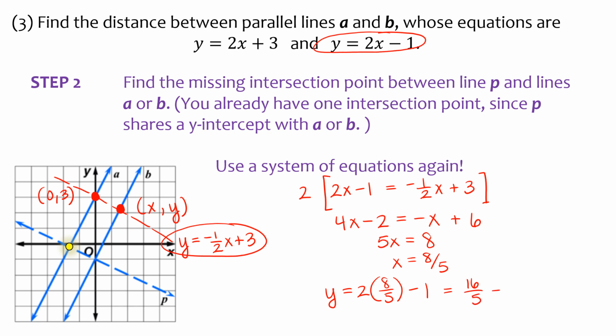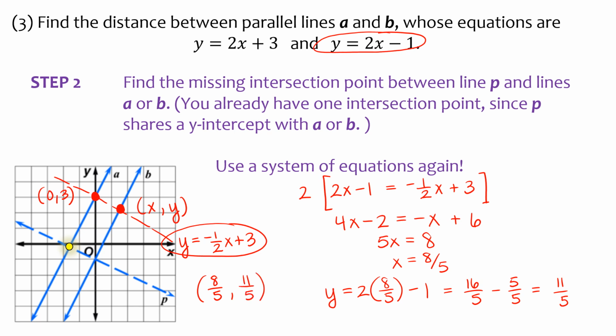And I'm going to rewrite 1 as 5/5 so that I can actually subtract these pretty easily. 16/5 minus 5/5 would give us 11/5. So the coordinates of the intersection between line B and my line P is going to be 8/5, comma 11/5.